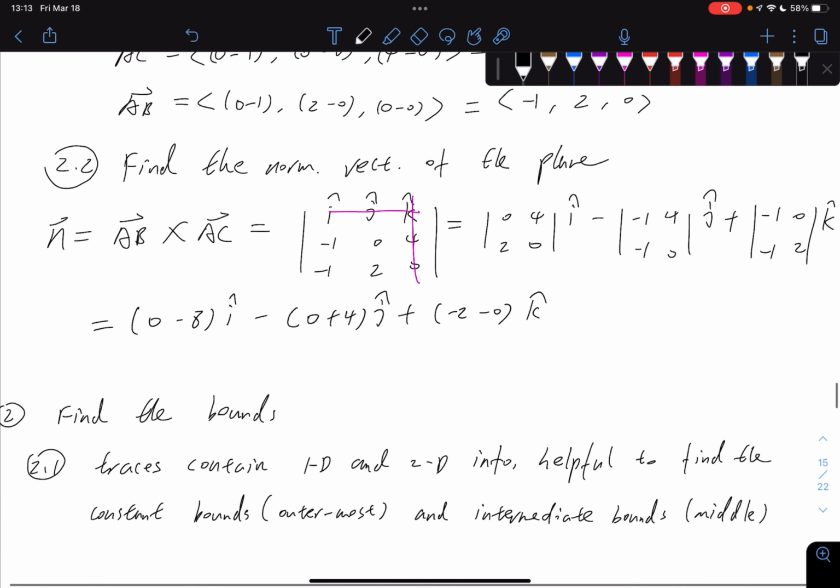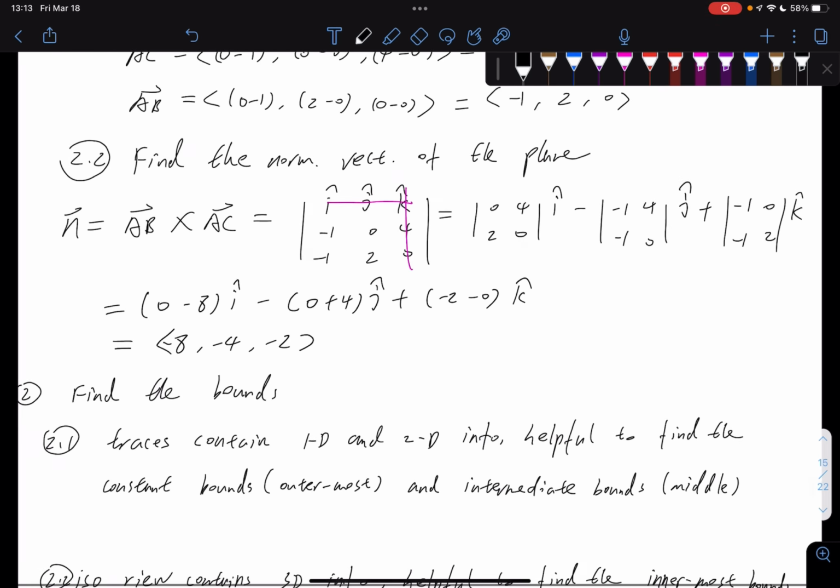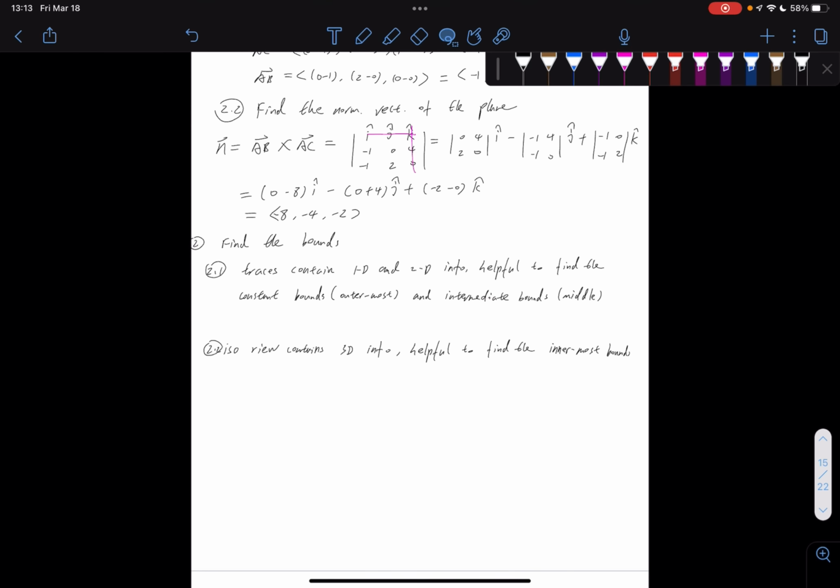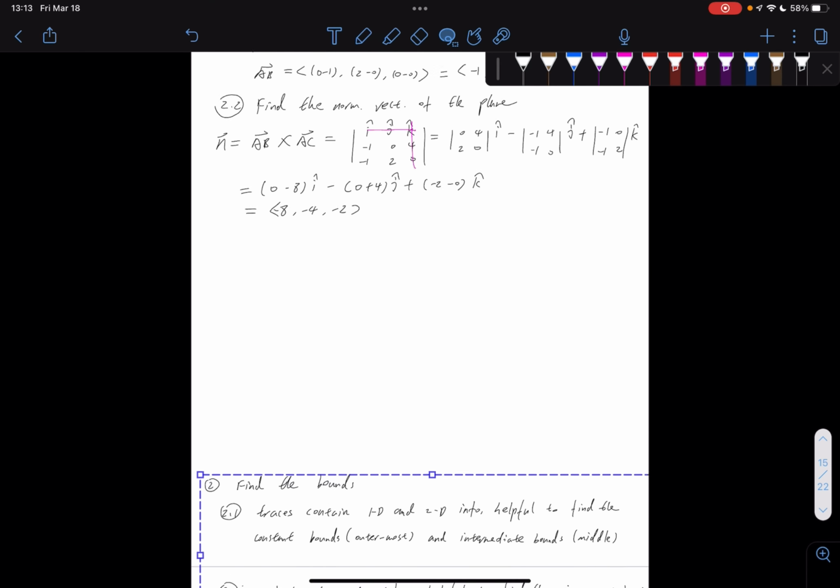So that will give us -8, -4, -2. Right. So let me move this down, that will come back later.